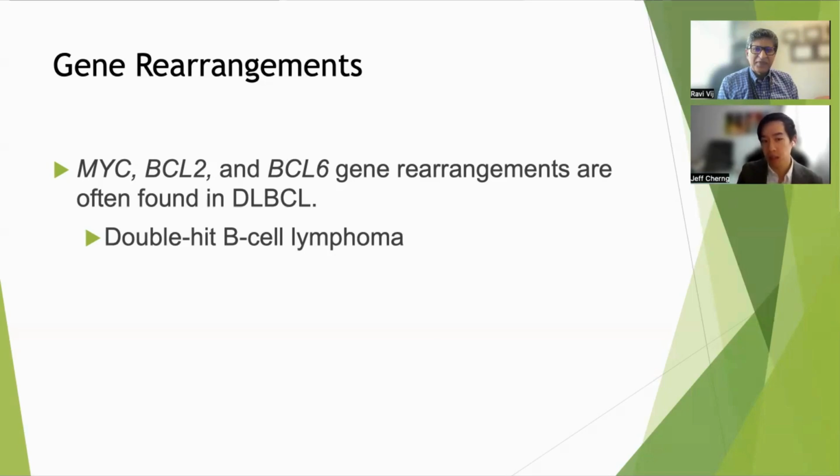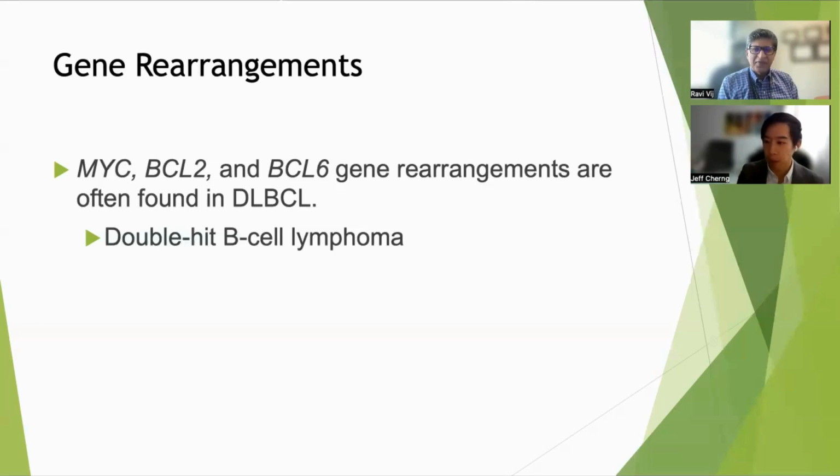Nowadays, we think it's just MYC and BCL2 that are important for the definition of double hit lymphoma, but the implication here is that these patients tend to have much more aggressive disease than DLBCL not otherwise specified.